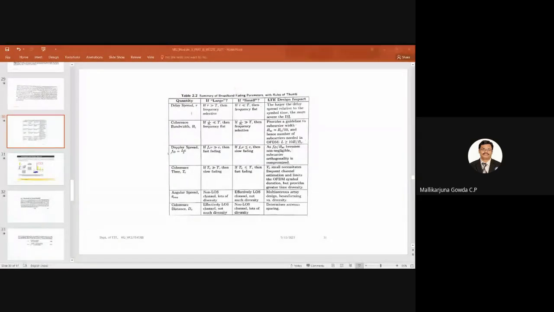If the coherence bandwidth is smaller than the symbol duration, then we say it's frequency flat. If the coherence bandwidth is greater than the symbol duration, then we say it's frequency selective.